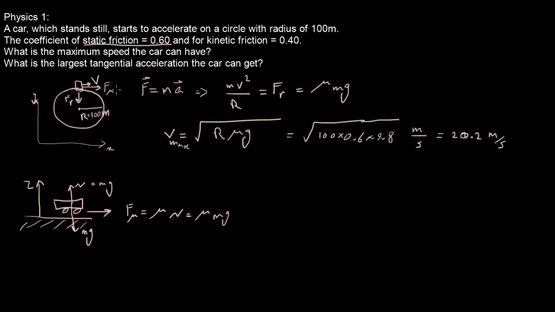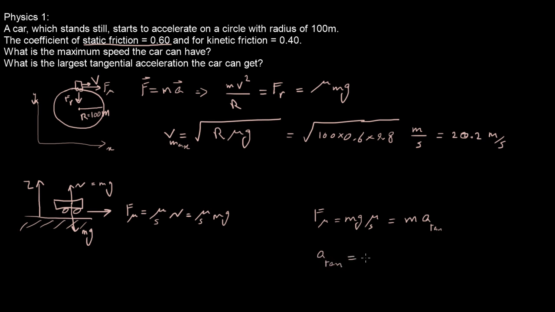Now the maximum that can be is F mu again. So F mu equals mg mu static, it was static as well, equals m a tangent, by Newton's second law.